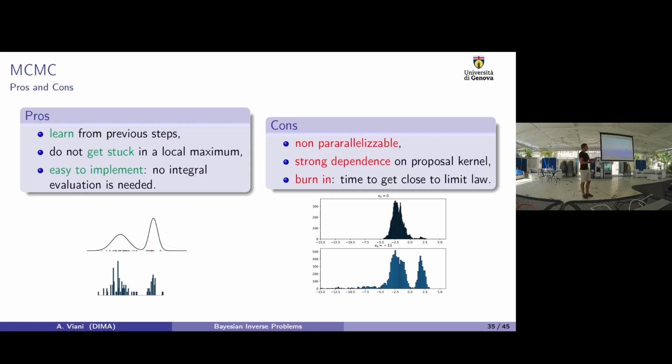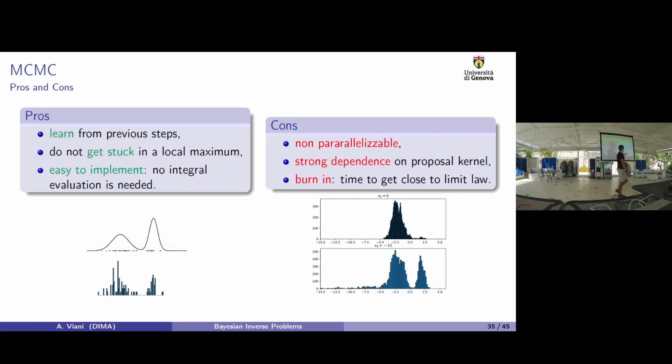And this means that, for example, if here I evaluate the total variation distance between that distribution and the P that I want to evaluate, these are different because I have not used a large enough number of steps to get closer to the limit law. So the number of steps I have to use to reach the limit law also depends on the initial point.